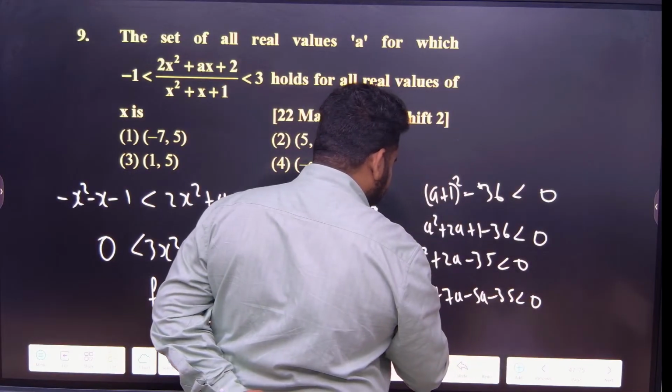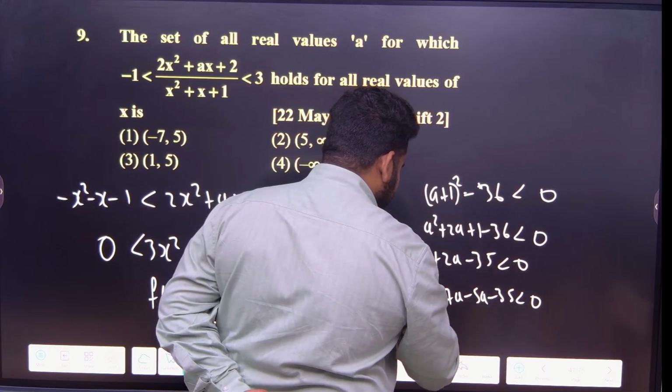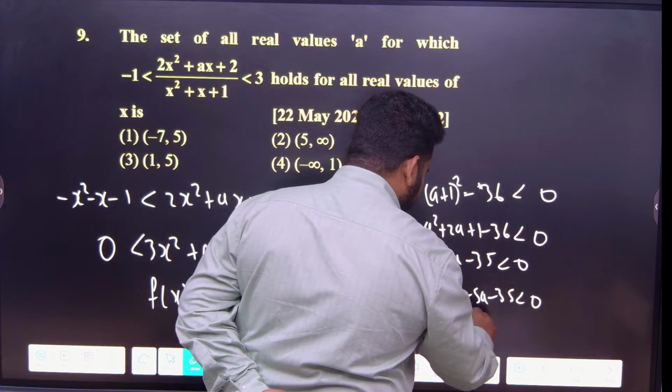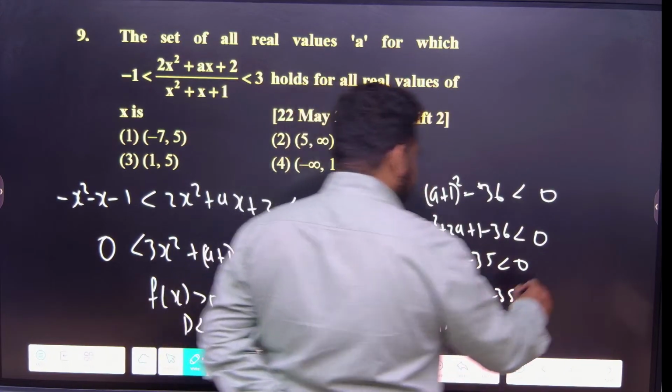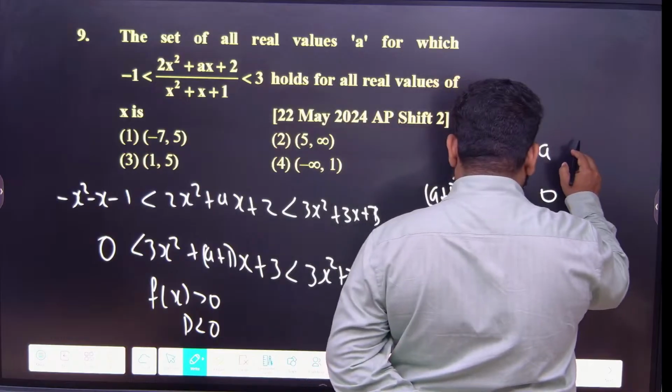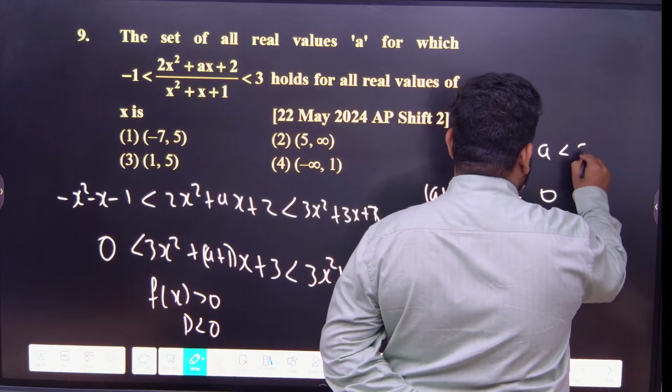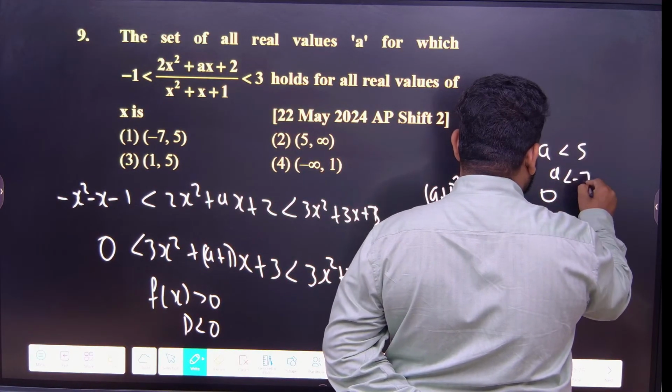Solve this quadratic: we get a plus 7 times a minus 5 is less than 0. So a is less than 5 and a is greater than minus 7.